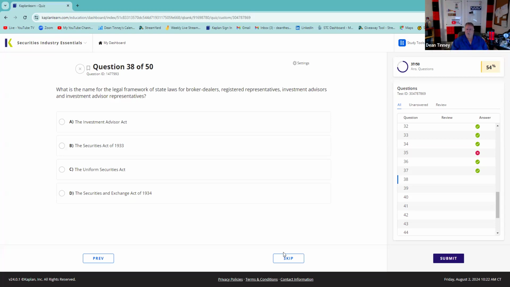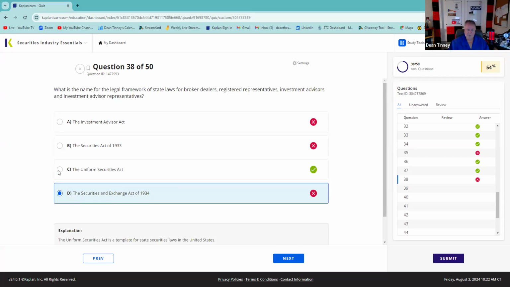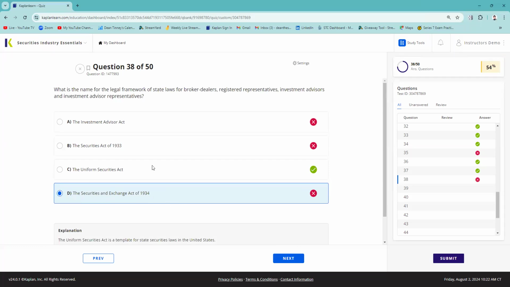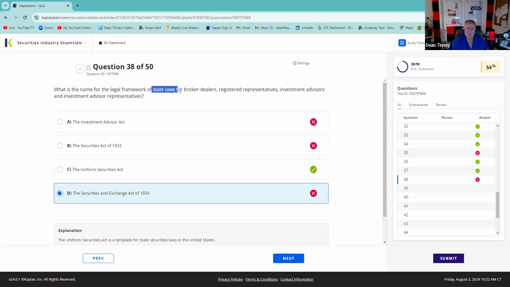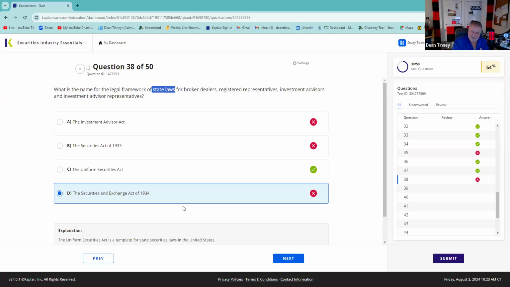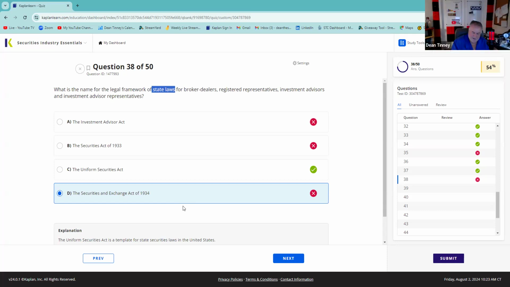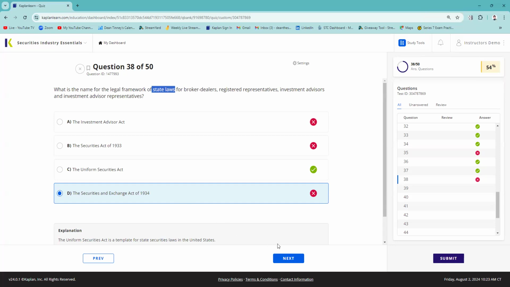I think it must be D. The Securities Exchange Act of 1934, the SEC. Oh, no. State laws. There's where we blew it. State laws. They got even your tutor. Stump the tutor, right? I didn't catch the state laws. They got us both. The Uniform Securities Act is the state laws, and the '34 Act would have been federal. Okay, state. Got it.